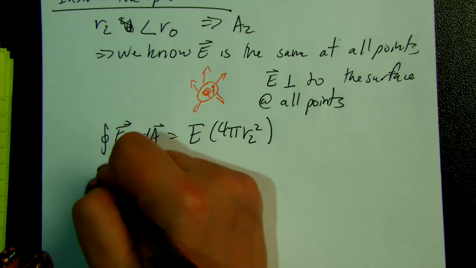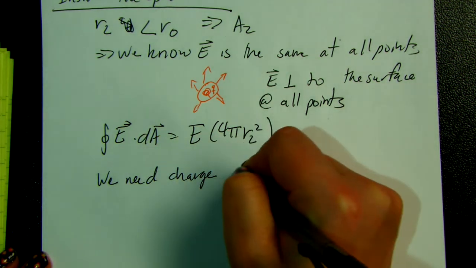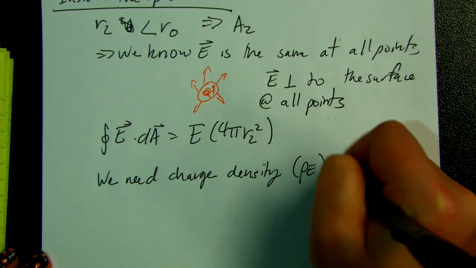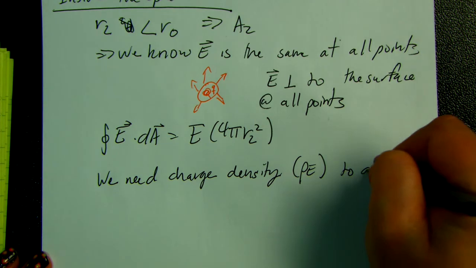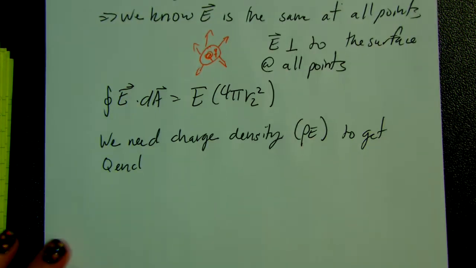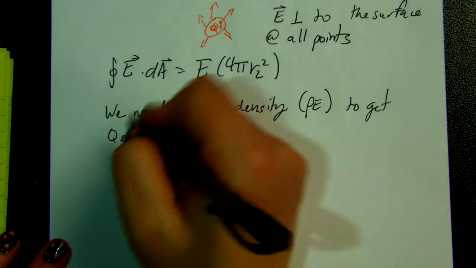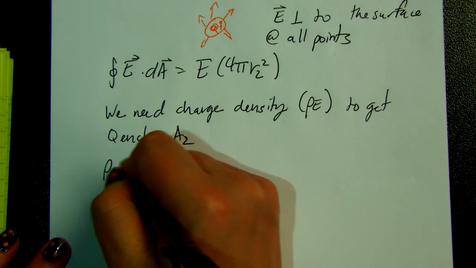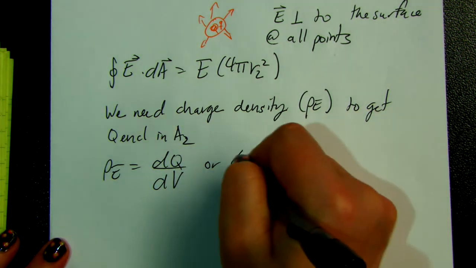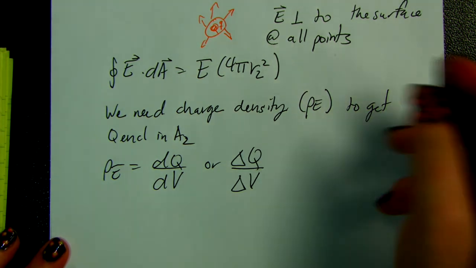So to do this, we need charge density. So rho E to get Q enclosed in A2. All right, so very straightforward to calculate. So rho E is dq dV, or delta Q, delta V. Either is a fine way of thinking about it.